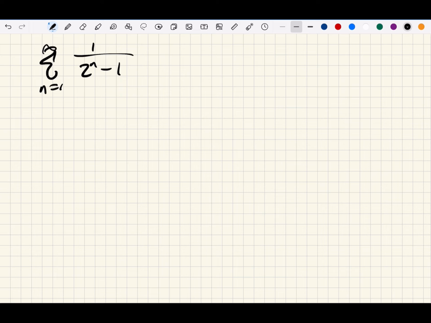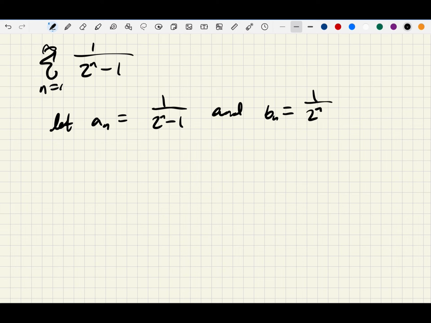So let's let a sub n be the terms of our series, 1 over 2 to the n minus 1, and b sub n be 1 over 2 to the n.